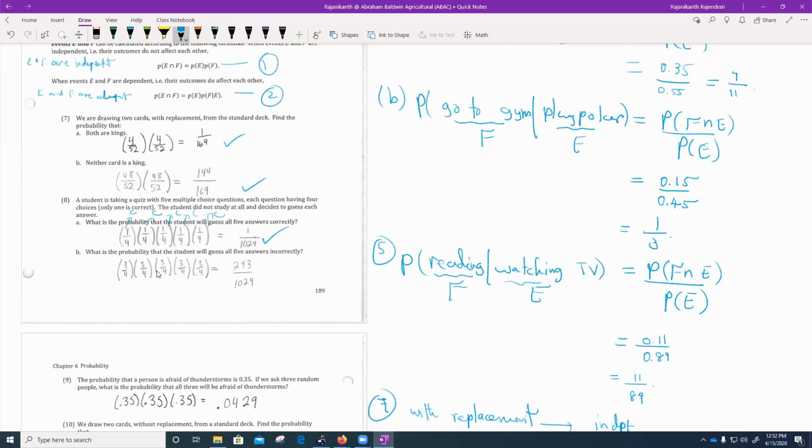For each problem. So therefore, it is 3 over 4. Getting wrong for the first one, then second one, and so on. So these are the all 5 wrong probabilities. So you have to multiply them to get all 5 wrong. So it is 243 over 1024. Okay.